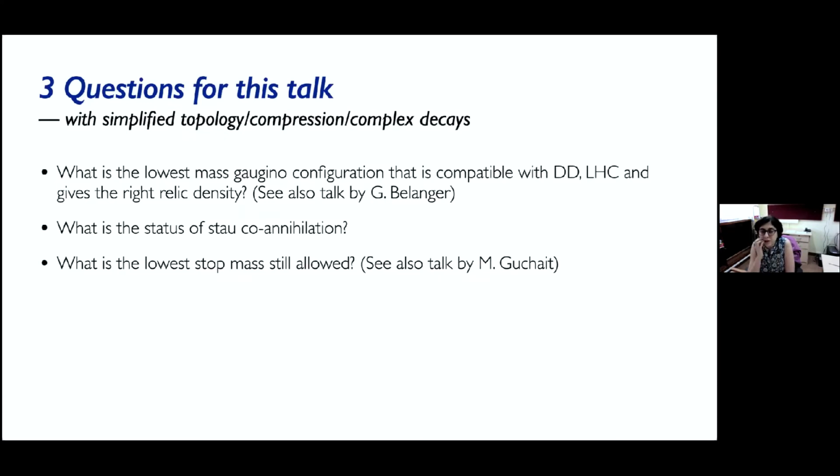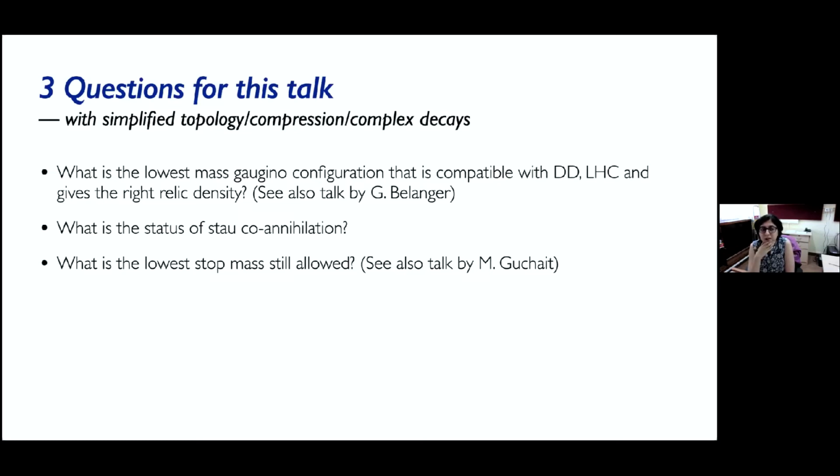So the first question that I want to ask is, what is the lowest mass configuration that is compatible with all the LHC searches that we've had so far and the direct detection constraints that we have. We had a very detailed discussion about this by Geneviève Bélanger a couple of days ago. So of course, take a look for all the caveats. I'm going to give an overall answer.